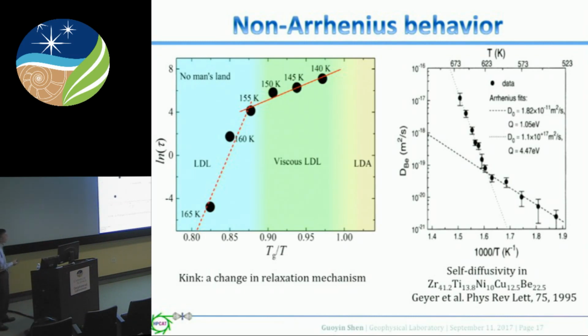What we interpret is that at relatively lower temperatures, it's like a strong, viscous liquid, and at higher temperatures, it's more like a fragile liquid. Or this kink may be a decoupling of the self-diffusion from the whole structure relaxation.